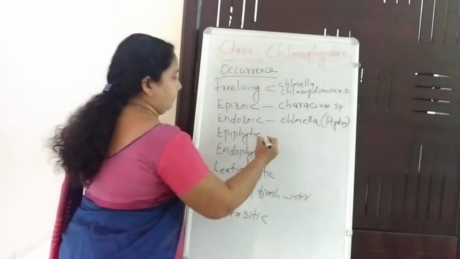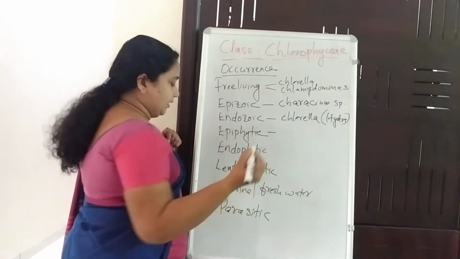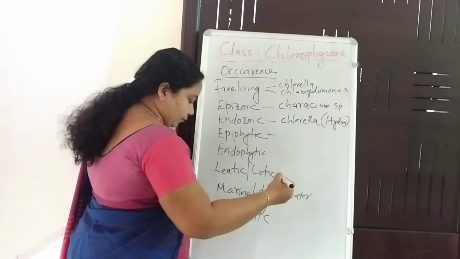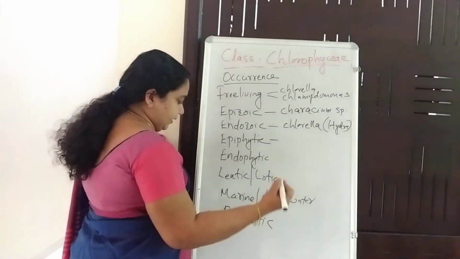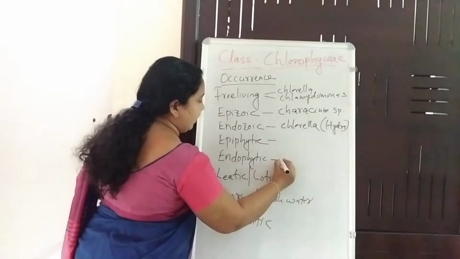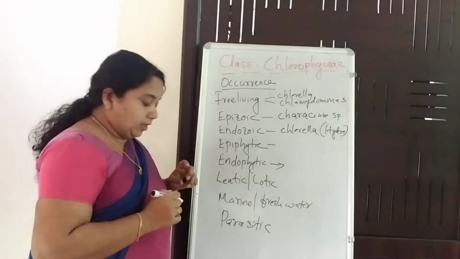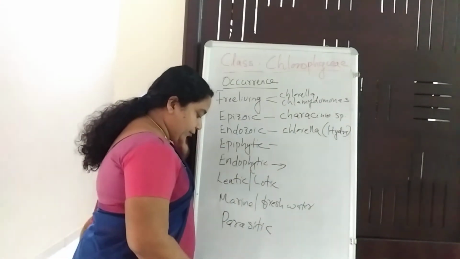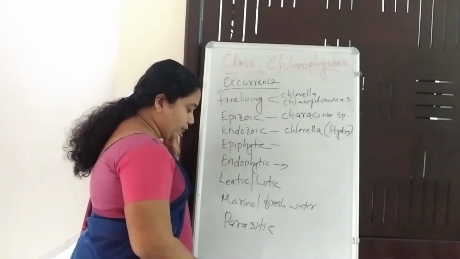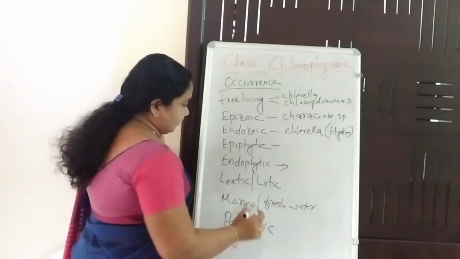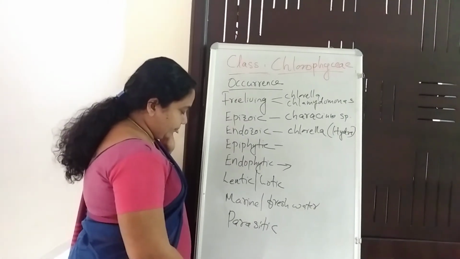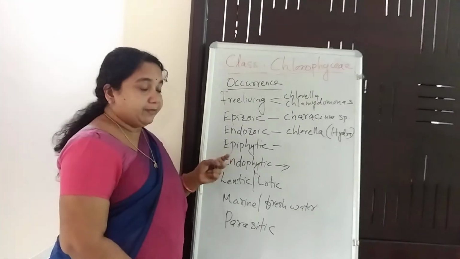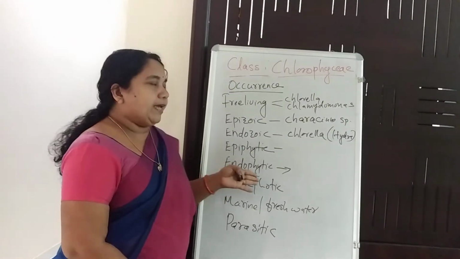Then comes the epiphytic. Epiphytic means which is seen on the surface of the plant body. Then comes the endophyte. Endophyte means which lives within the body of plants, and then lentic and lotic types, and different species of algae which live in water.